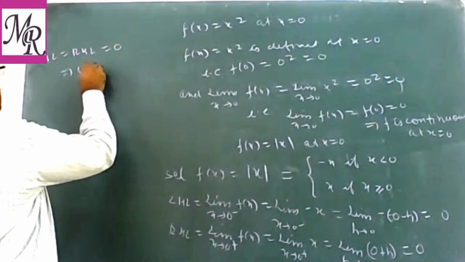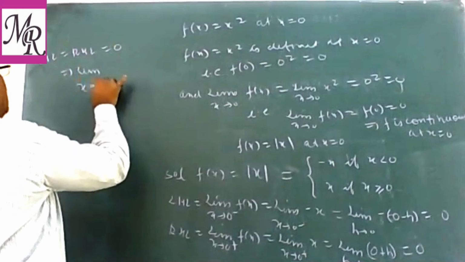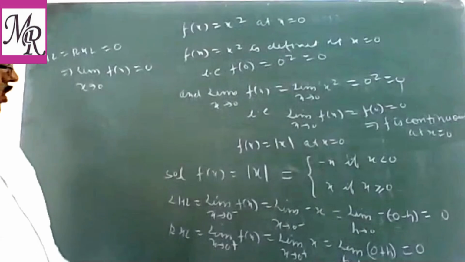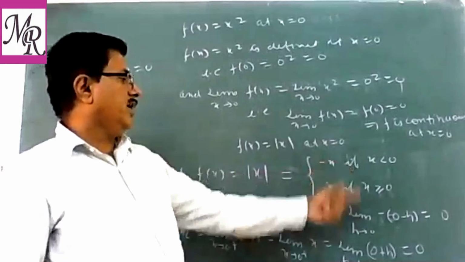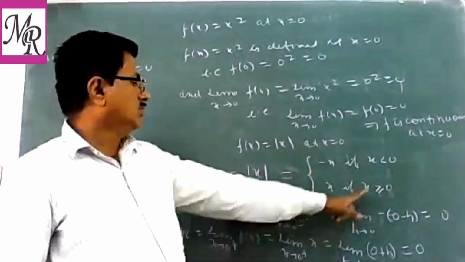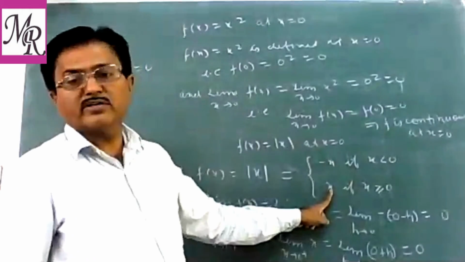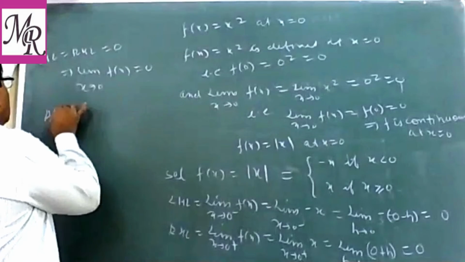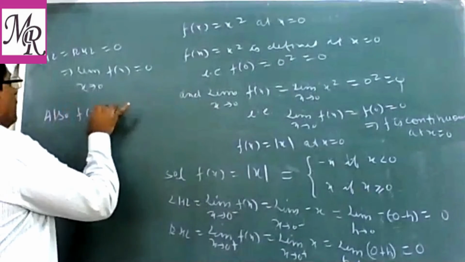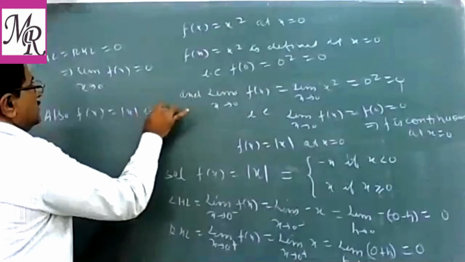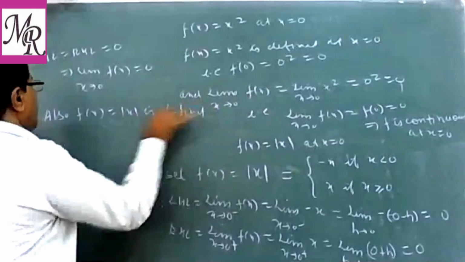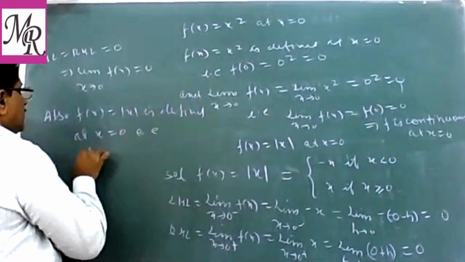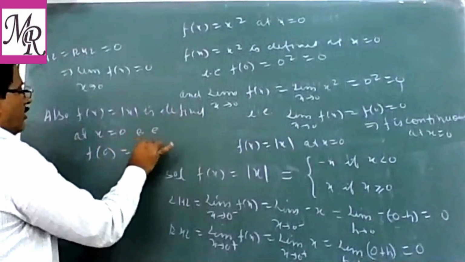That is the limit of this function that we have already done in 11th class. So the limit is found. Also this function is defined at x equal to 0. If you put the value of x as 0, what will the function be? 0. Also f(x) equal to mod x is defined at x equal to 0, that is f(0) equal to mod of 0.